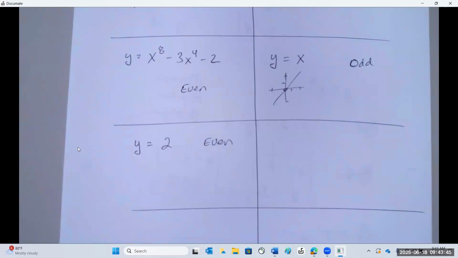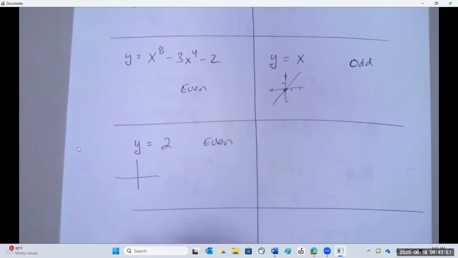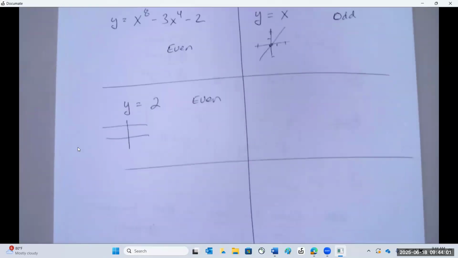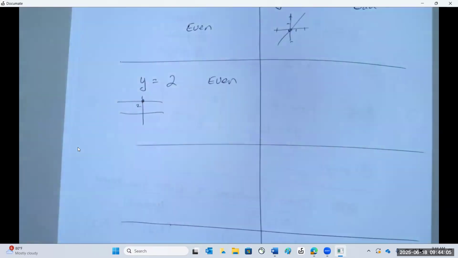Again, this is math. You have to have a proof, a reason for your answers. Did anybody graph this one? What's the graph going to look like? It's a horizontal line. It's y equals 2. So it has to go through 2.